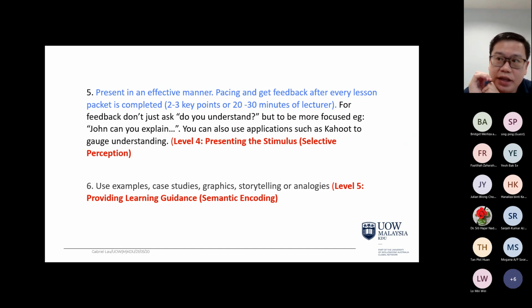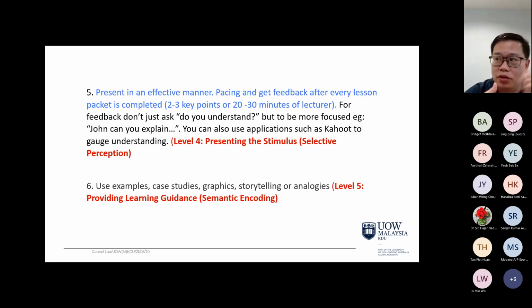Then number 5, present in an effective manner, pacing, and get feedback after each lesson packet is completed. So present it in an effective manner, pace it to ensure that students understand. When we look into this context, how do we get feedback from the student? Maybe it's not so advisable just to ask, do you understand? But it is more focused.